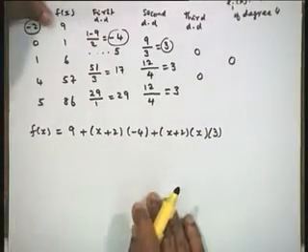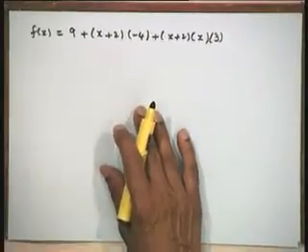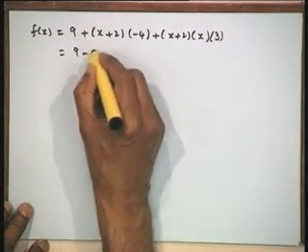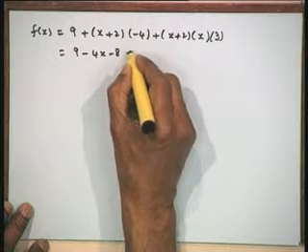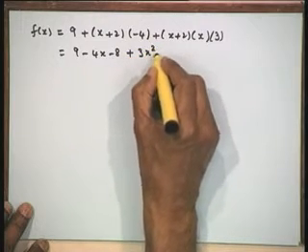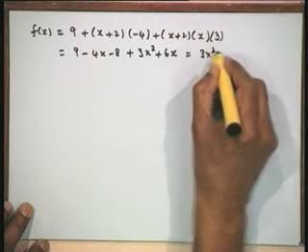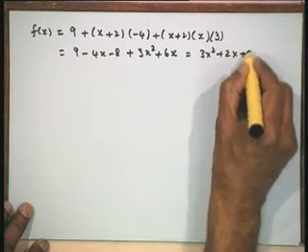Therefore, it does not give us any more terms from here. Therefore, this is simply 9 minus 4 x minus 8 plus 3 x squared plus 6 x, that is equal to 3 x squared plus 2 x plus 1.